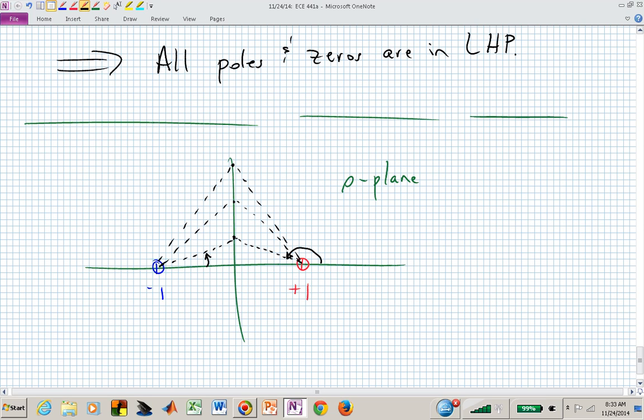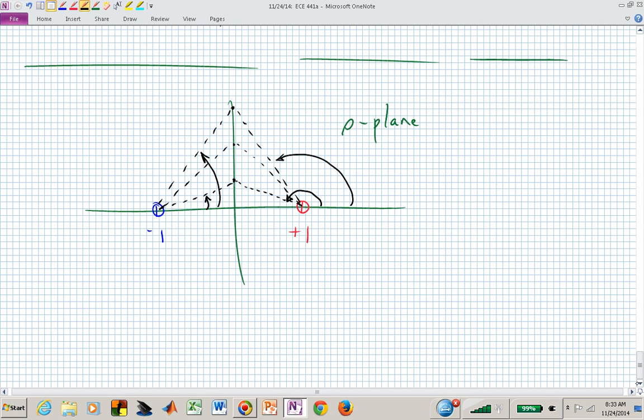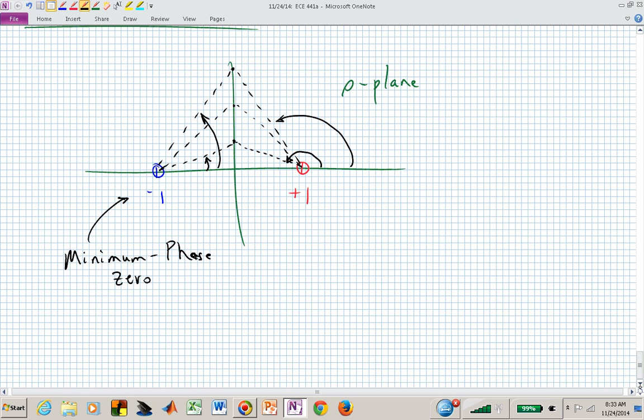It's when you look at the phase that they are going to be different. Now, the 0 in the left has a smaller phase relative to the 0 in the right, and that's where this minimum phase 0 terminology comes from. So this is the minimum phase zero, the one in the left half plane.